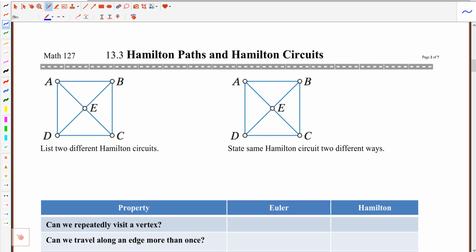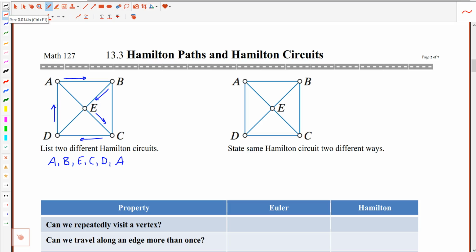One of the Hamilton circuits I'm going to state starts at A, goes to B, then to E, then to C, then to D, and then back to A. If I were to put this on the graph with arrows, I'm going from A to B, B to E, E to C, C to D, and then D back to A.